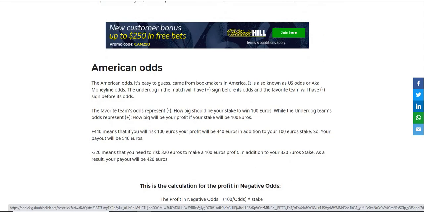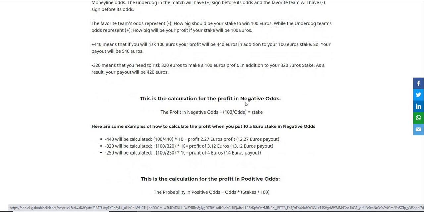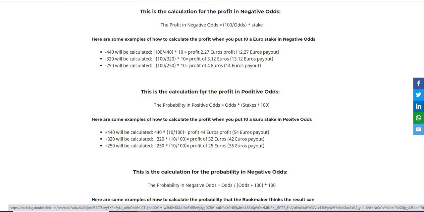Now I'm going to talk about the American odds, okay? As I told you, there are negative odds and positive odds. If you check this formula, you can calculate the profit in negative odds. It's 100 divided by odds, multiplied by stake, while the profit in positive odds is odds multiplied by stake, divided by 100.